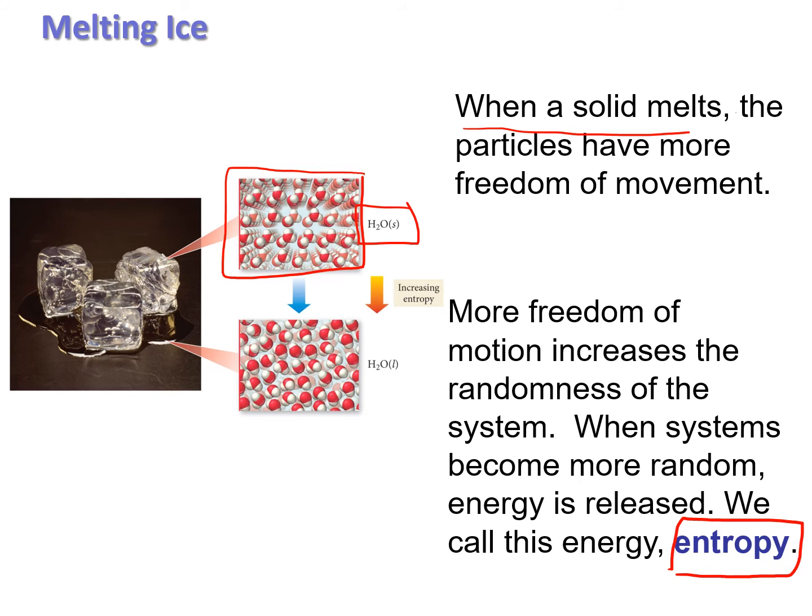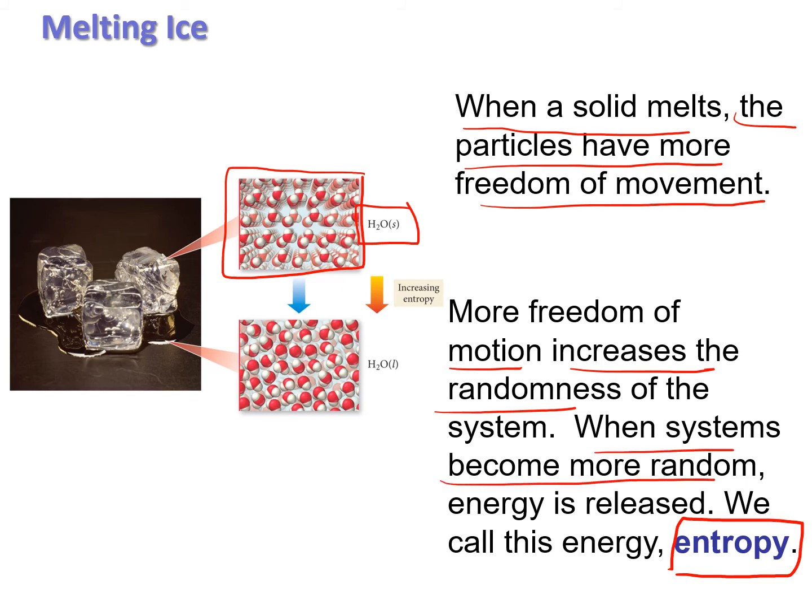So when a solid melts, the particles have more freedom of movement. More freedom of motion or movement increases the randomness. And when systems become more random, energy is released. Overall, this is called entropy. So when something melts from a solid to a liquid, you have increasing entropy.